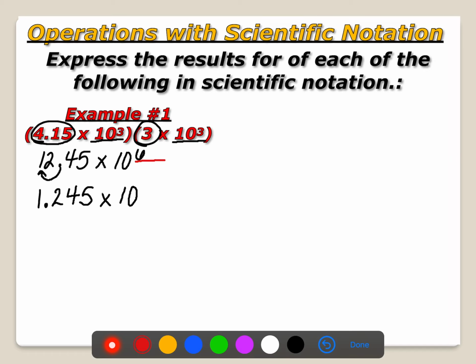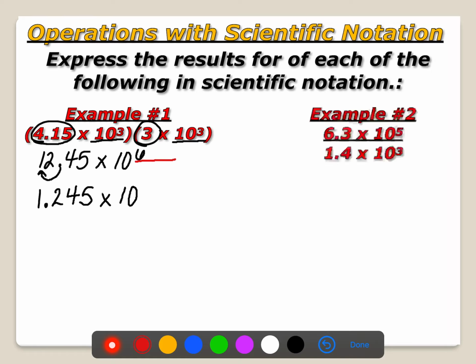And I have to also adjust the exponent so that I make sure the number has the same value. So when we move to the left, we're going to add however many spaces we swooped to our exponent. Okay, so I moved one decimal place, so I'm going to add 1 to my exponent. So this now becomes 10 to the 7th.